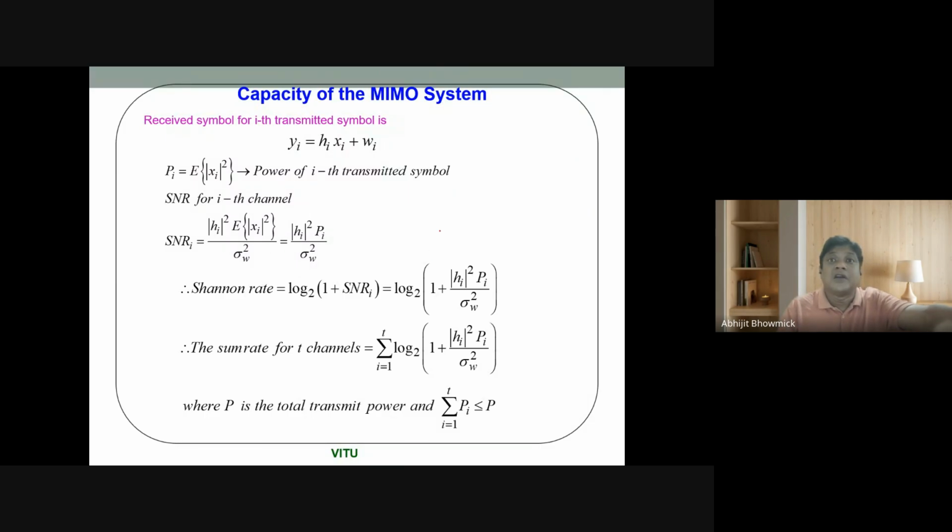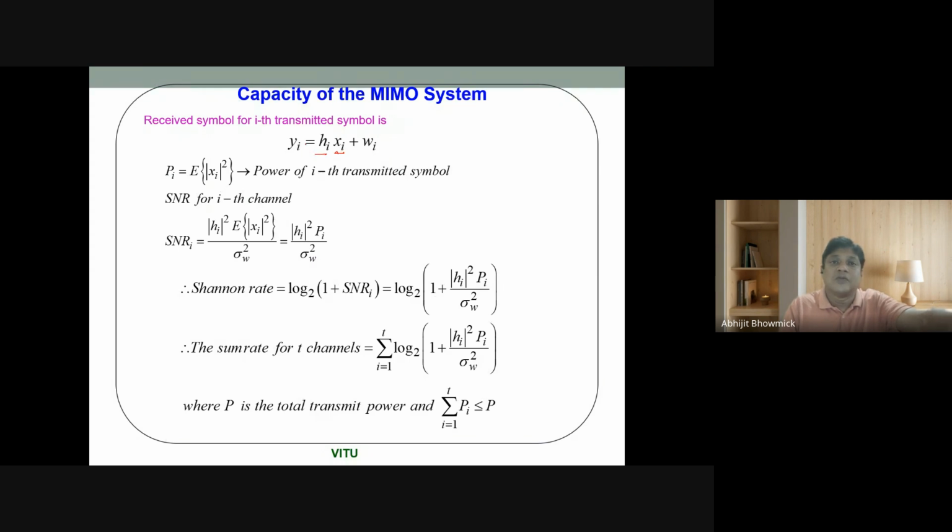I've just taken a little bit of theory on how power is allocated among the users, and I'll take a small example to give you a better picture. Say for Xi, for the ith user, Xi is the transmitted information and the channel is Hi.